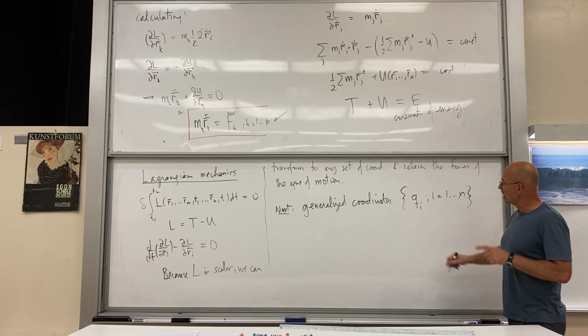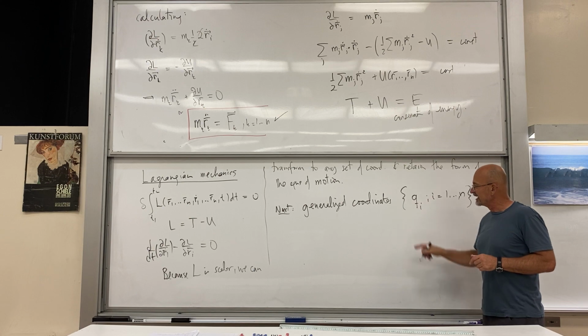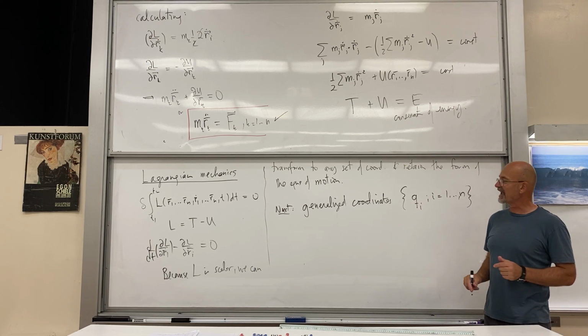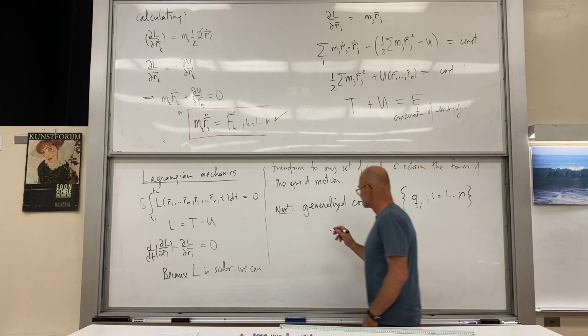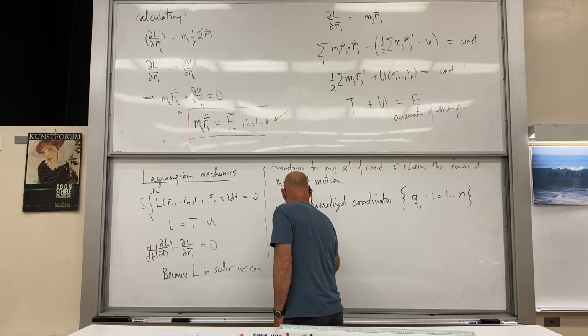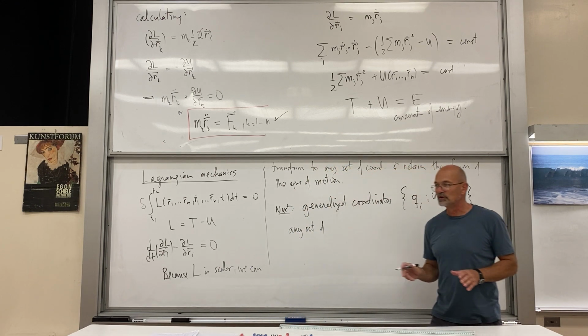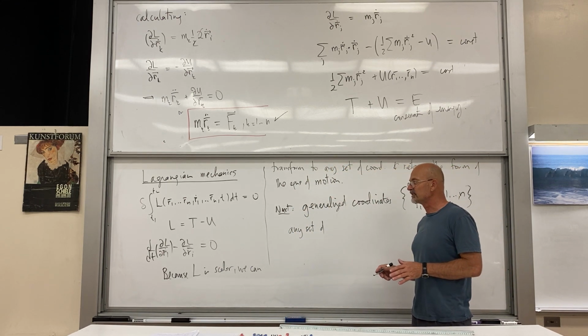So the generalized coordinates are any quantities that suffice to determine the position of the mechanical system. Any set of quantities that allows you to determine the position of the mechanical system.